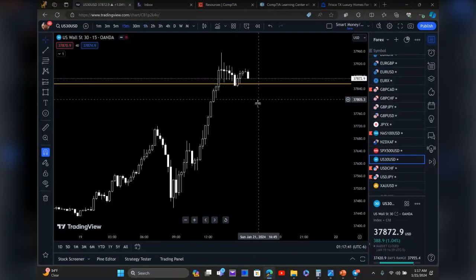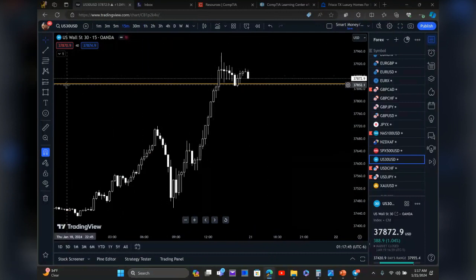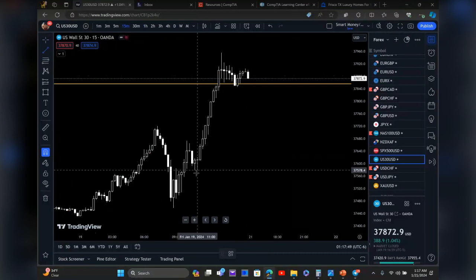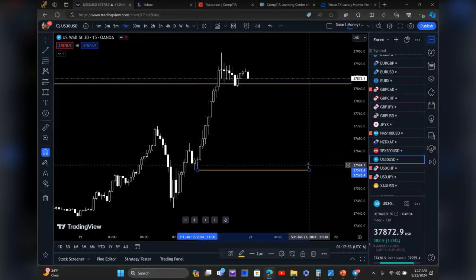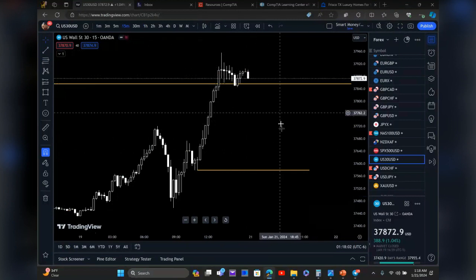And on the 15-minute, I would want to see it break here around this 37.5 level. I would want to see it break, come down, break there, come back up to some POI up here, and then take a sell down.